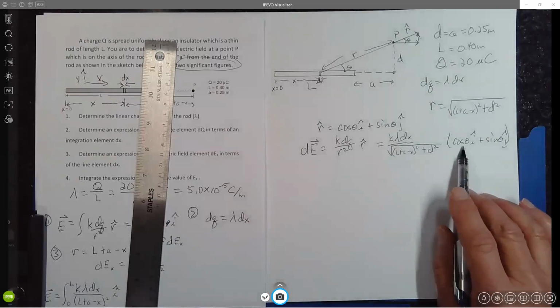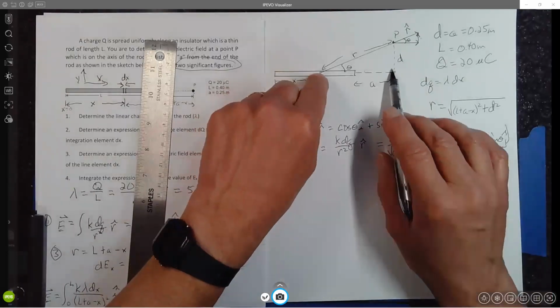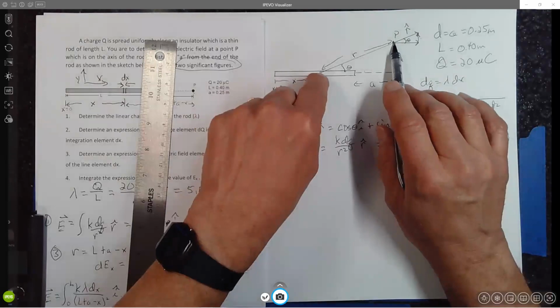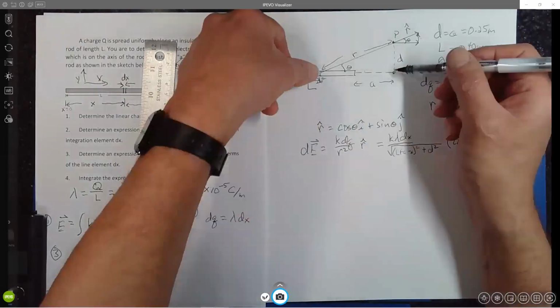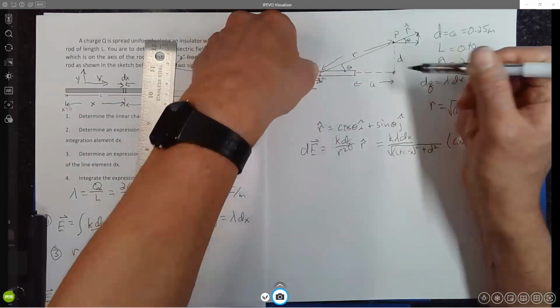However, the cosine of theta is the side adjacent to the angle divided by the hypotenuse. The side adjacent to the angle is that distance L plus a minus x.